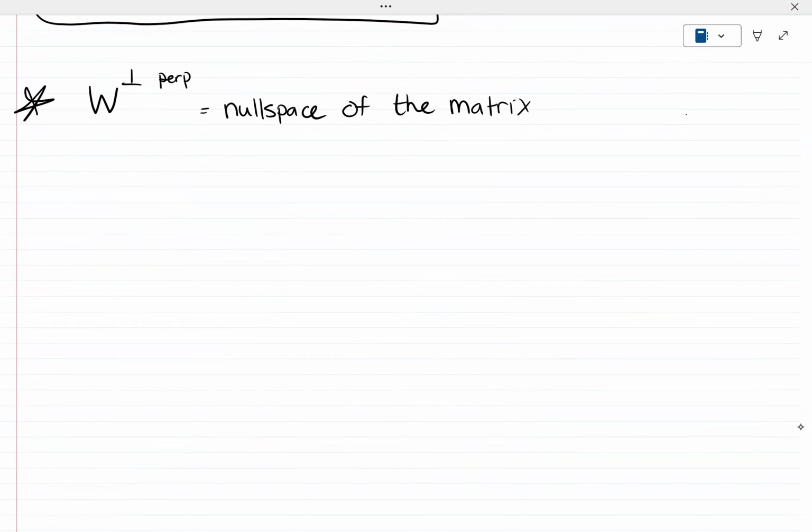Okay, so how do we do this problem? We have to find matrix A first.